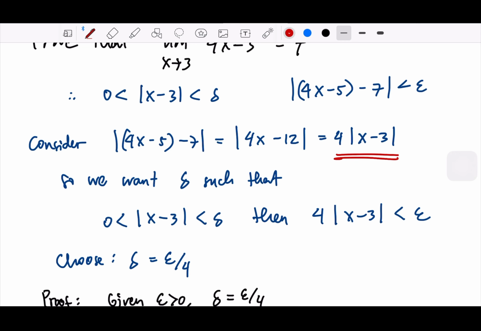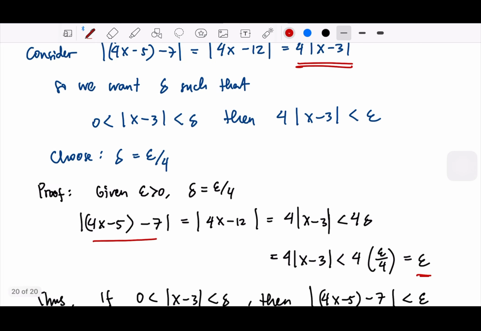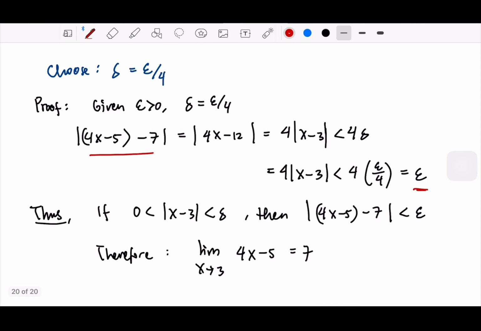When we use epsilon over 4, it goes back to the original equation. So by looking at this equation, we have proven that it goes back to our original equation, using epsilon over 4 as our delta.